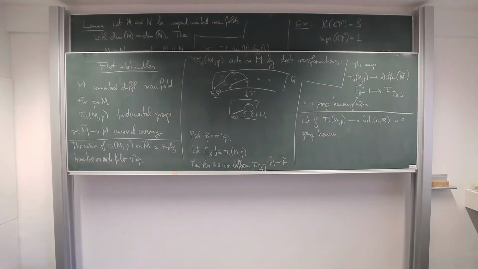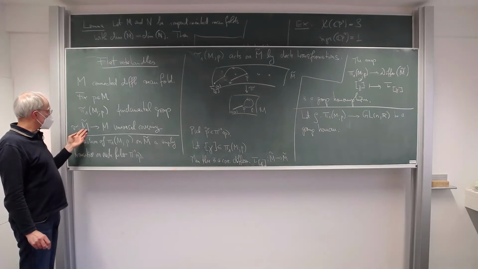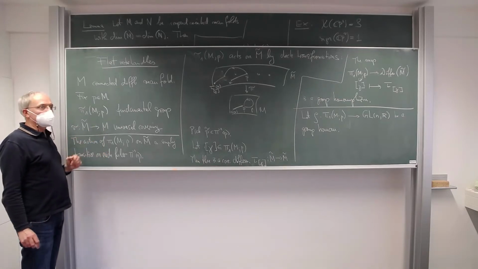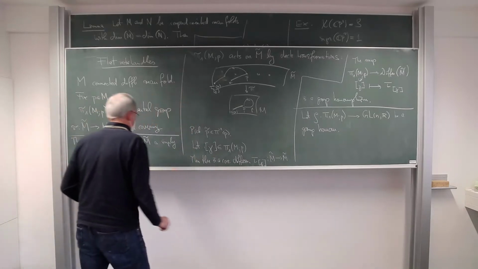But we could now call this saying that M tilde is actually a principal bundle over M with structure group pi1.